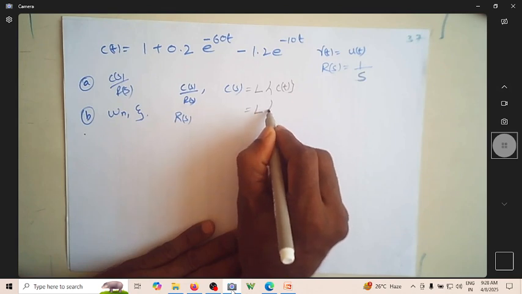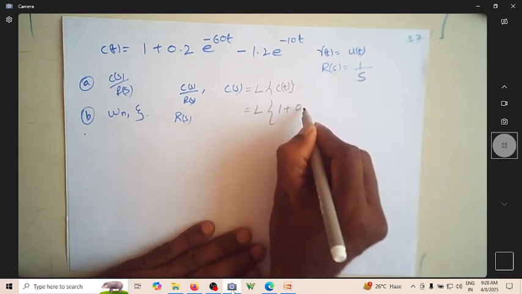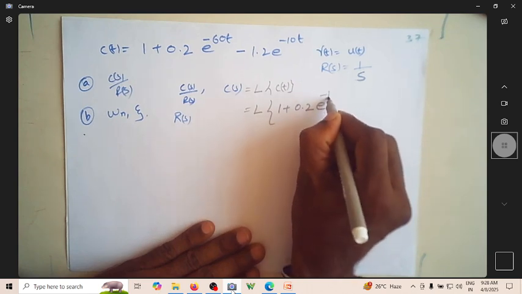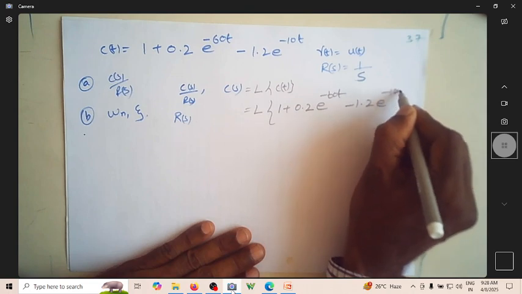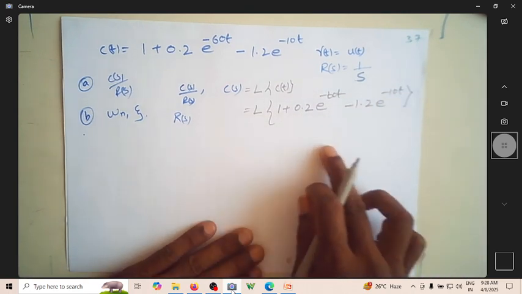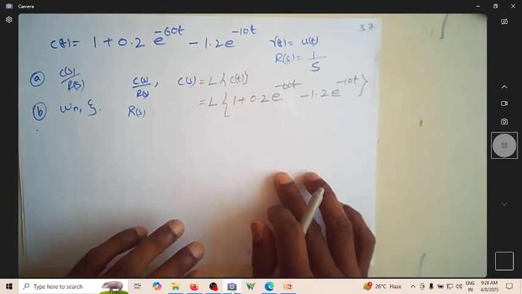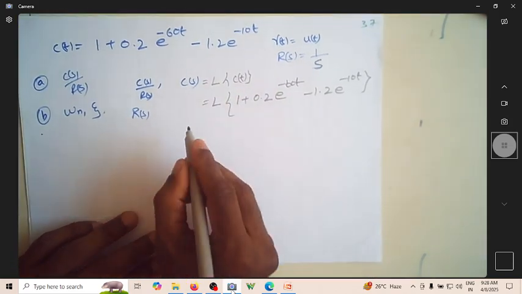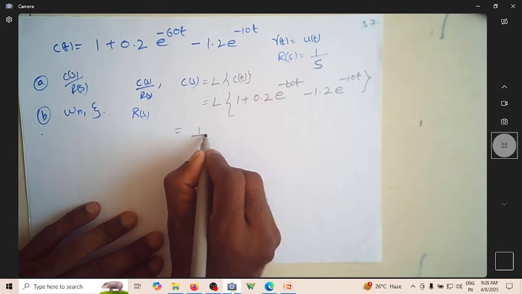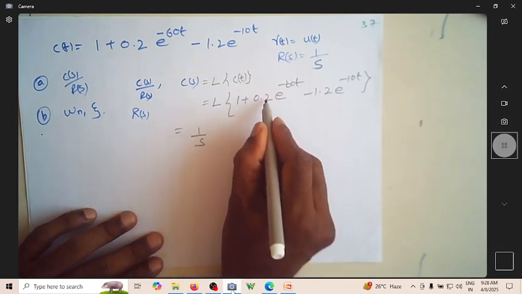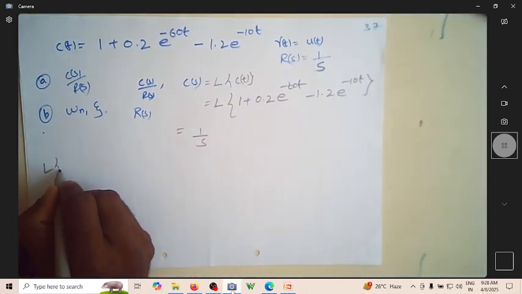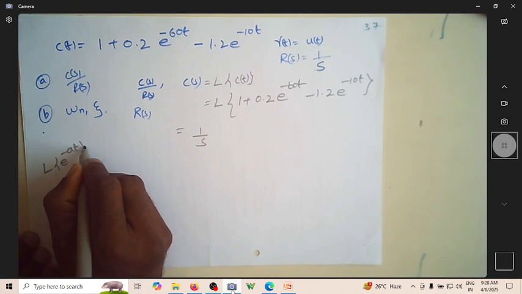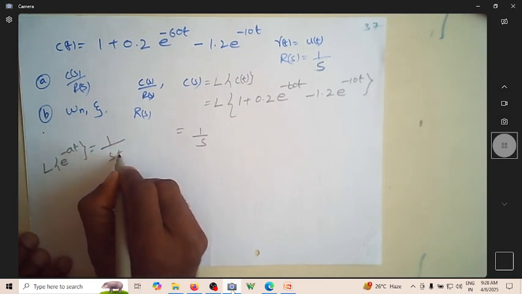So I have to find the Laplace of 1 + 0.2e^(-60t) - 1.2e^(-10t). I know the Laplace of 1 is 1 by s. We know that the Laplace of e^(-at) is nothing but 1 over s plus a.